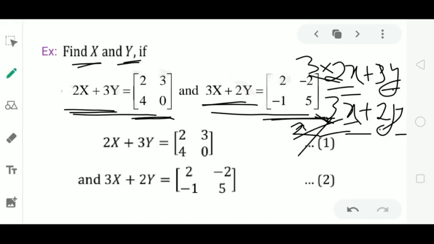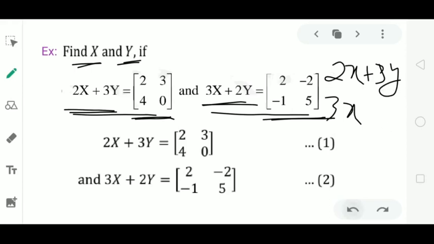So we get 6x plus 9y in the first equation, 6x plus 4y in the second equation. As both of the equations have the same coefficient of x, subtracting equation 2 from equation 1, you can easily cancel x and we can find the value of y.